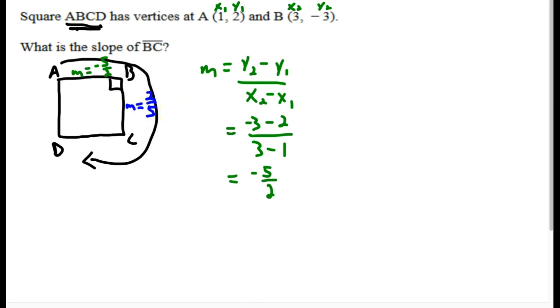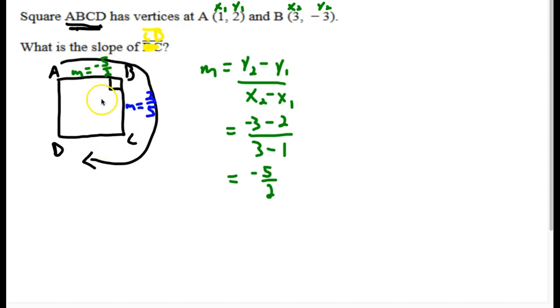Now we could also be asked, instead of BC, for the slope of CD. Well, if that's the case, CD is the complete opposite side of AB.